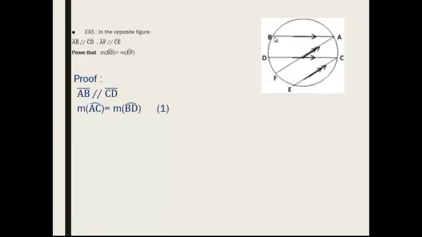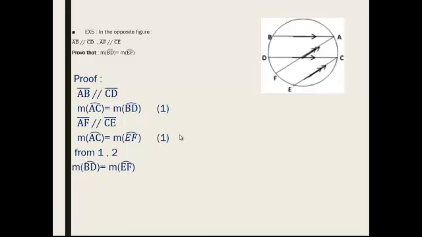This is number one. Number two, I have another parallel: AF parallel to CE. Therefore the measure of arc AC equals the measure of arc FE. From the previous result, the measure of arc BD equals the measure of arc EF.